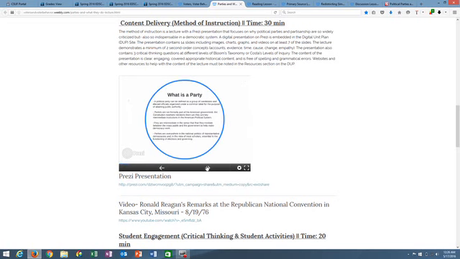As I'm going through the different slides here on this Prezi, I start to build a lot of the background knowledge and the schemata that they need, based on this being the introductory part of the unit.